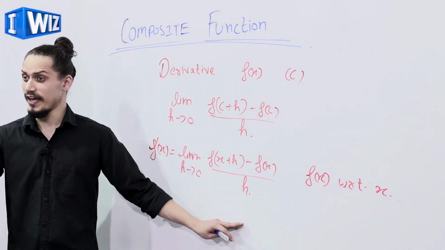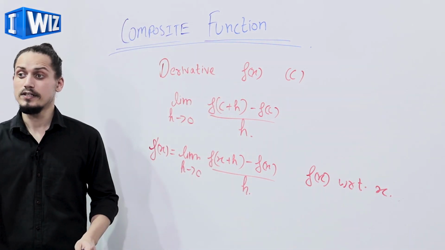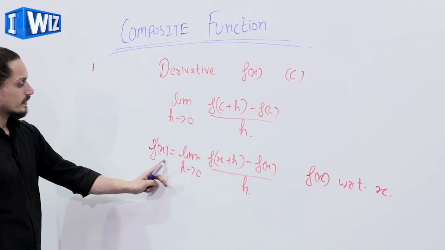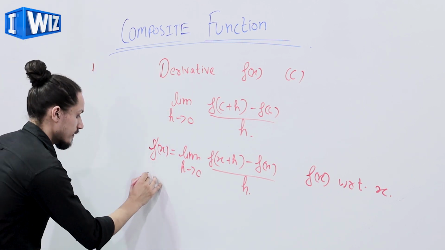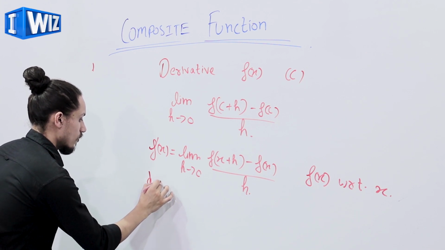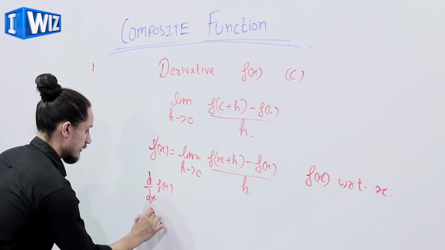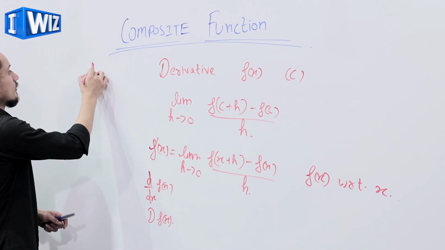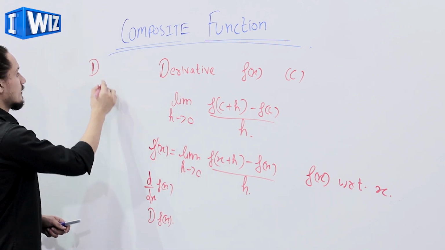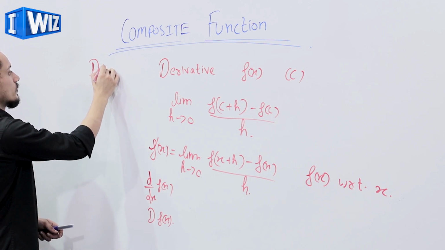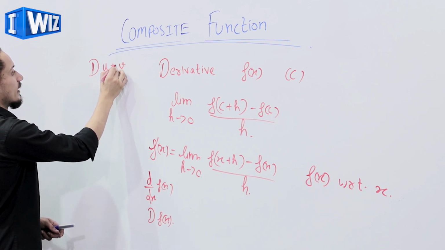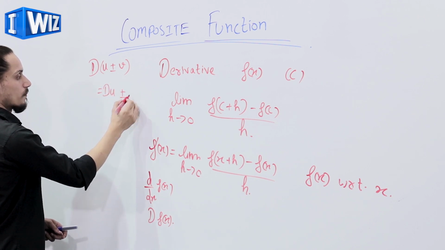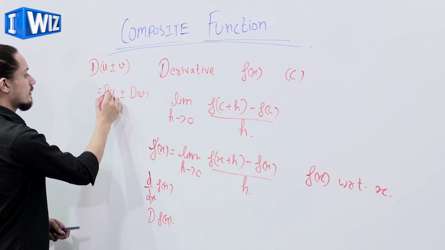This is the quick recap for differentiability. Next point is the algebra of differentiability. We also denote the derivative of f of x by d by dx of f of x or capital D of f of x. Now, algebra of derivatives says that the derivative of two functions, say u and v, in addition and subtraction is equal to the derivative of the first plus or minus the derivative of the second.